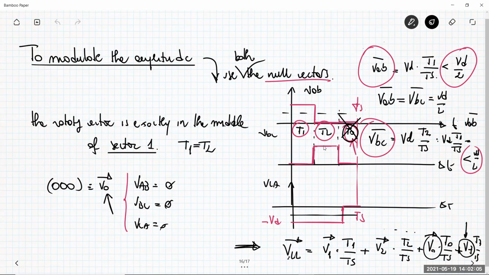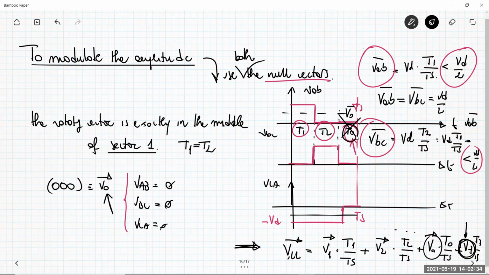For example, why do I have to add here the null state V7 in a situation in which the null vector V0 provides the behavior I need? There is no need to have another null vector like V7 to get the same result. I have already V0. Why do I have to add V0 and V7 simultaneously?